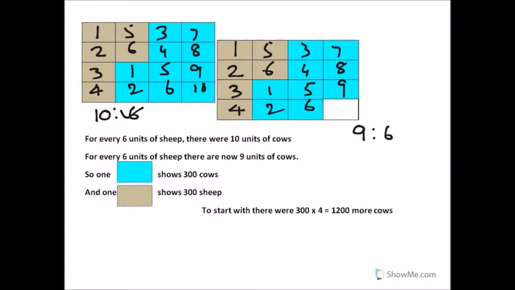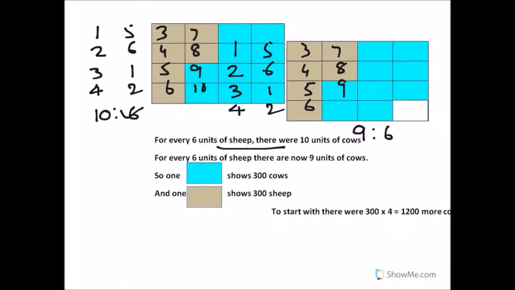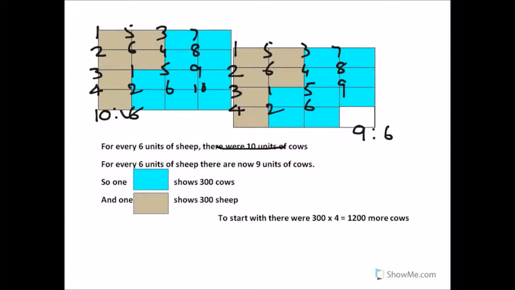So for every 6 units, there were 10 units of cows in this case. And for every 6 units of sheep, there are 9 units of cows here. So this one blue rectangle shows 300 cows, because 300 cows is what is missing in the second rectangle. It's the 300 cows which were sold.